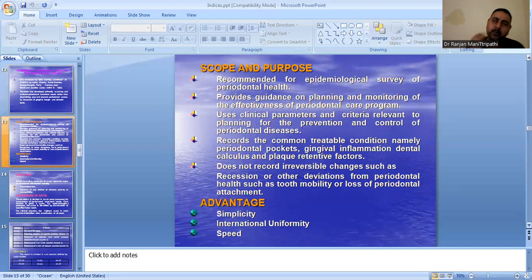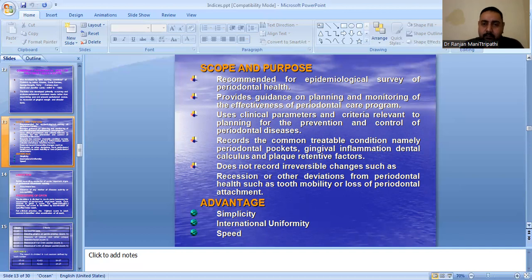What is the scope and purpose of this index? This is recommended for epidemiological survey of periodontal health. It provides guidance on planning and monitoring of the effectiveness of periodontal care programs. It uses clinical parameters and criteria relevant to planning for the prevention and control of periodontal diseases.